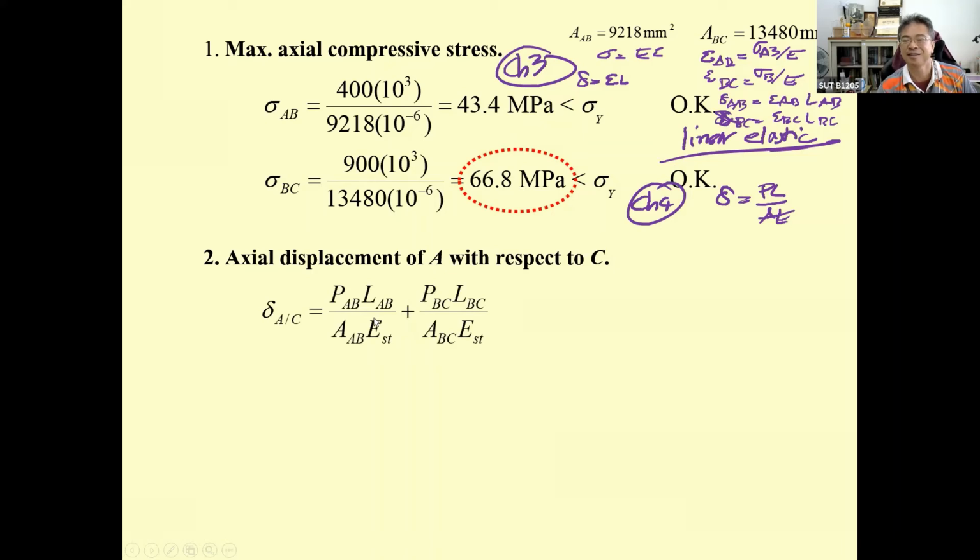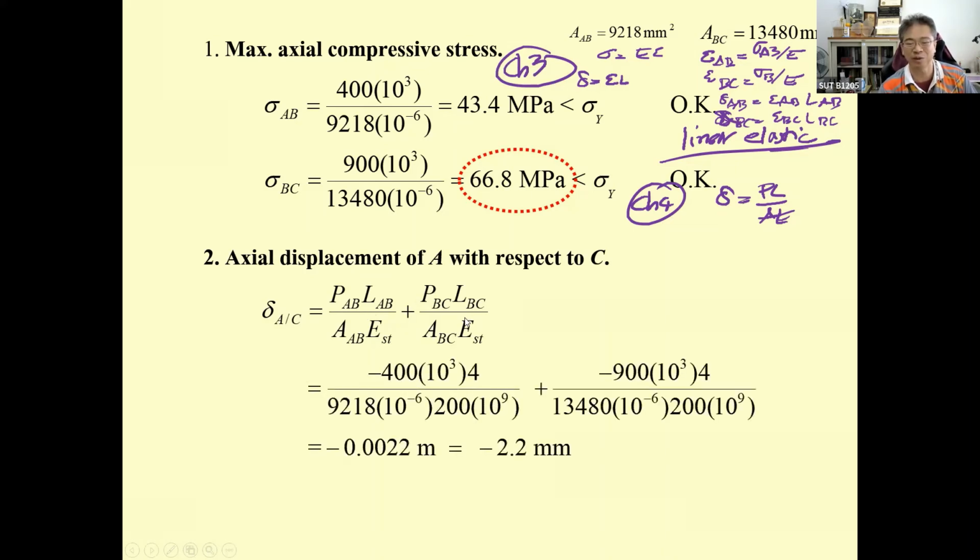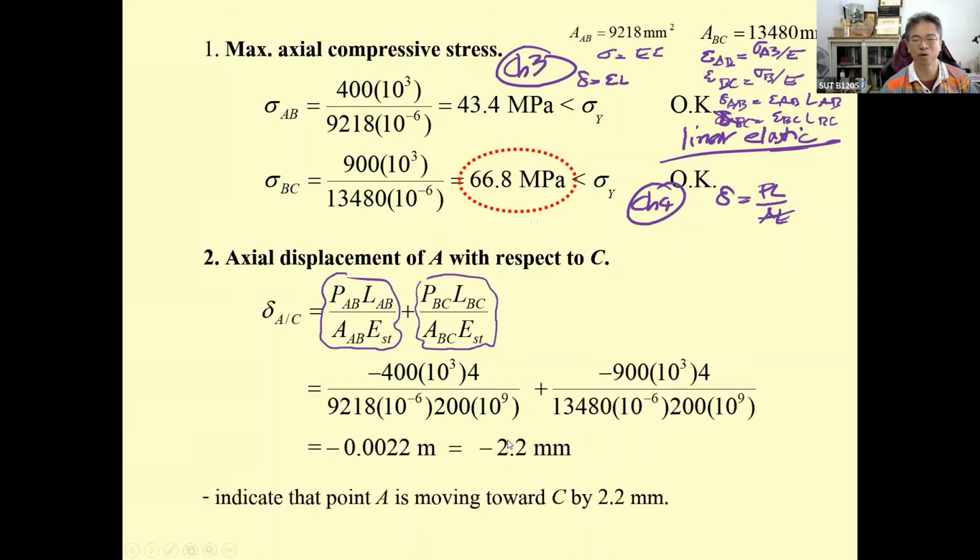So since it's linear elastic, these equations are correct. Just put everything together and beware of the unit homogeneity. And then you get this one for 2.2 millimeter shortening: one shortening on the first column and another for the second column, and the combination is going to be 2.2.